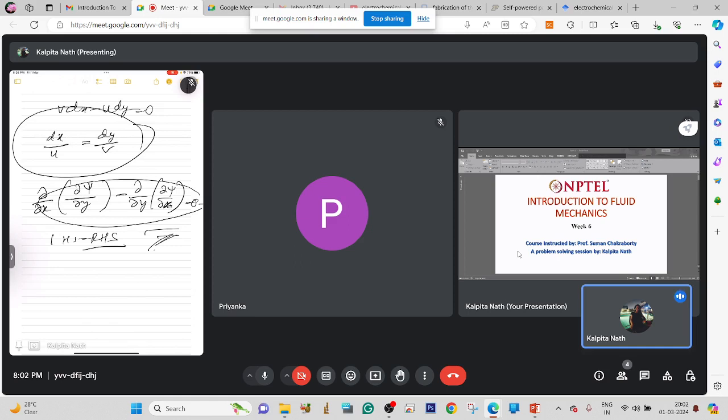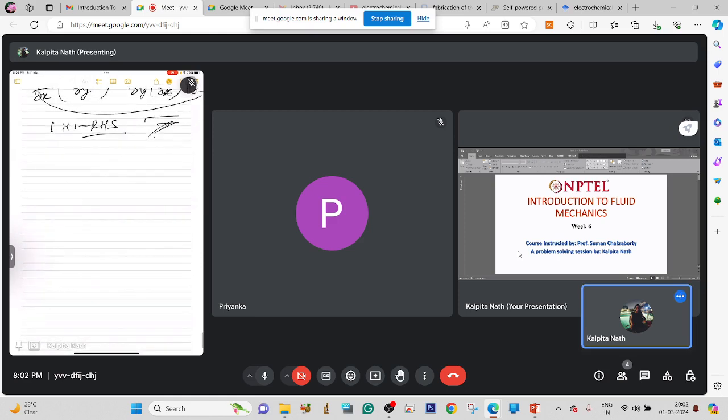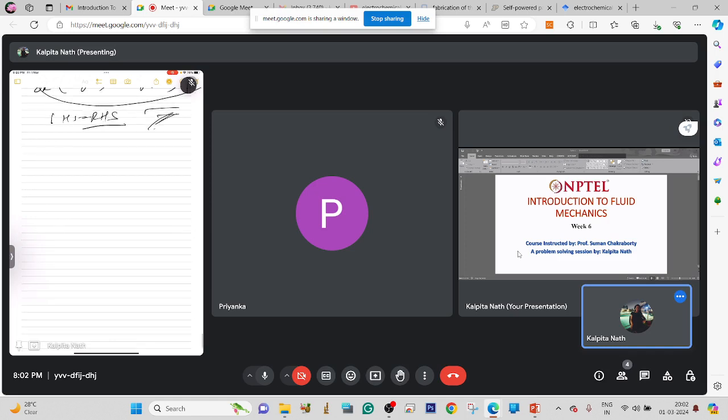So if we have a line element, how is the volumetric flow rate related to the stream function? Let's have a look at that. If this is a line element and we are considering 2 points 1 and 2 over here, and this is theta, this is dx, this is dy, this is n cap, and this is dl, and this is theta.